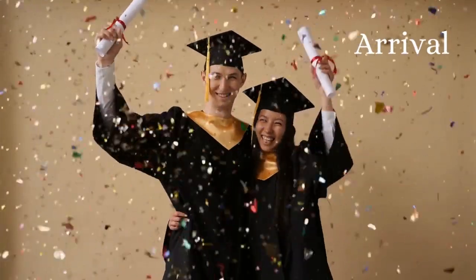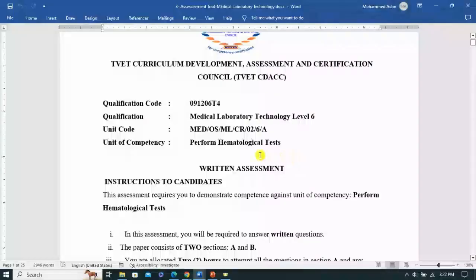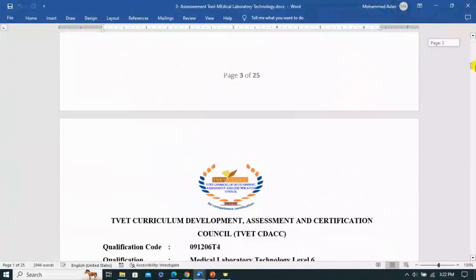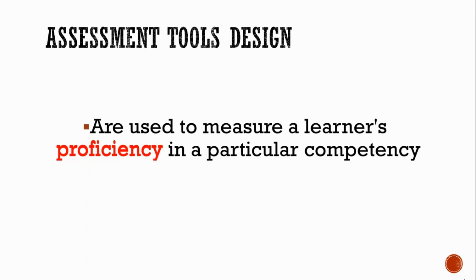So today I want us to dive in and walk you through what we call assessment tool design. This is a continuation of a series on assessment, and we did talk about how important it is to develop and design assessment tools. These assessment tools are used to measure learners' proficiency in a particular competency.